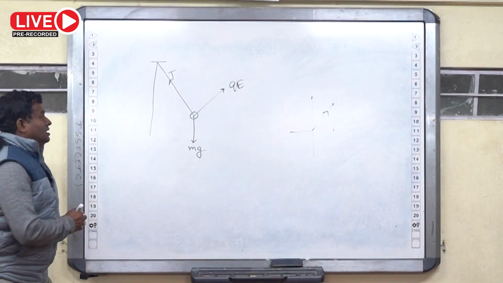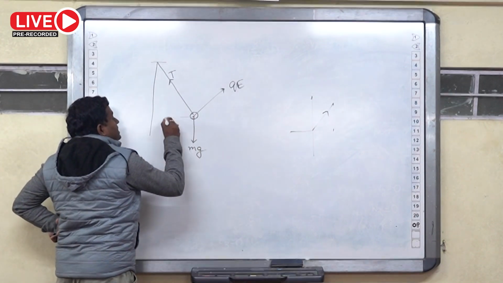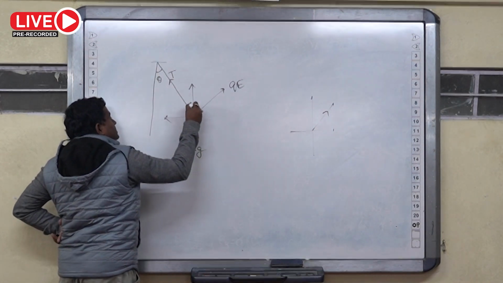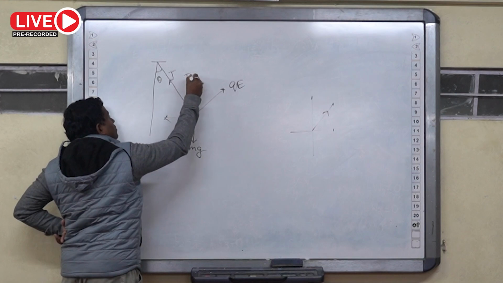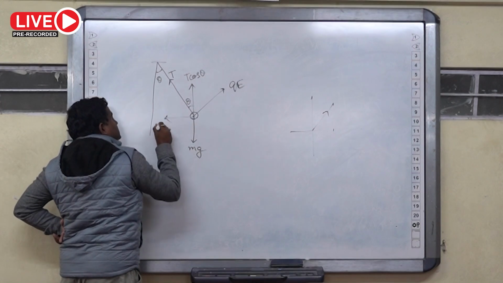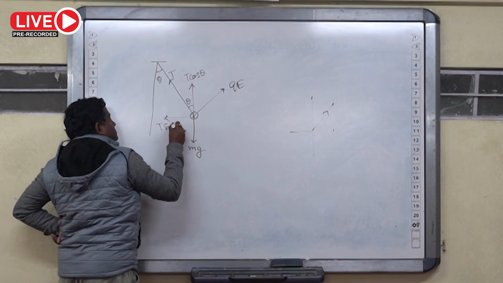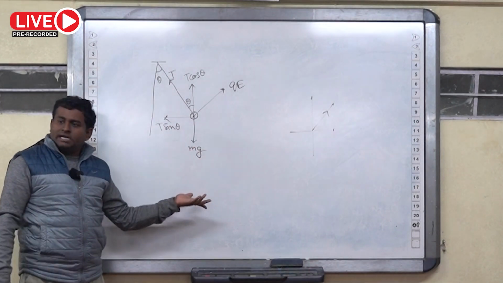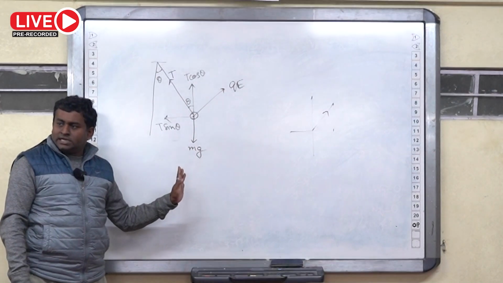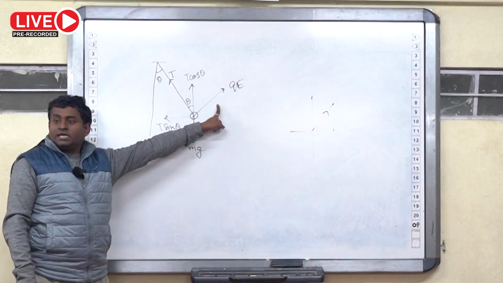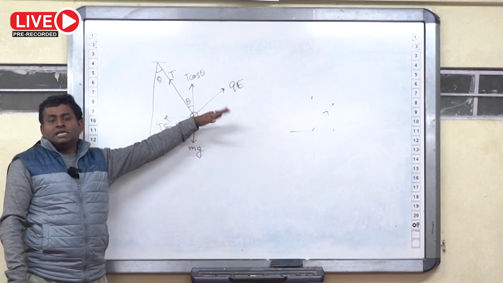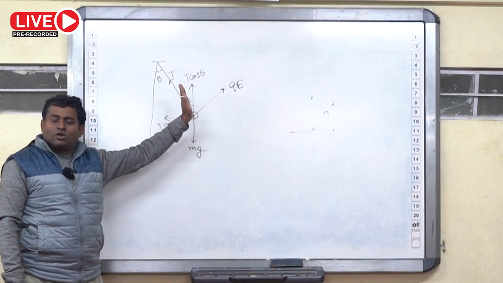Now if I divide T into two components, if this angle is theta, this angle theta, so this is T cos theta and this is T sin theta. Now mg is also in y direction, so no need to split it into components, but QE is not along any particular direction, so you have to split it into components, x component and y component.